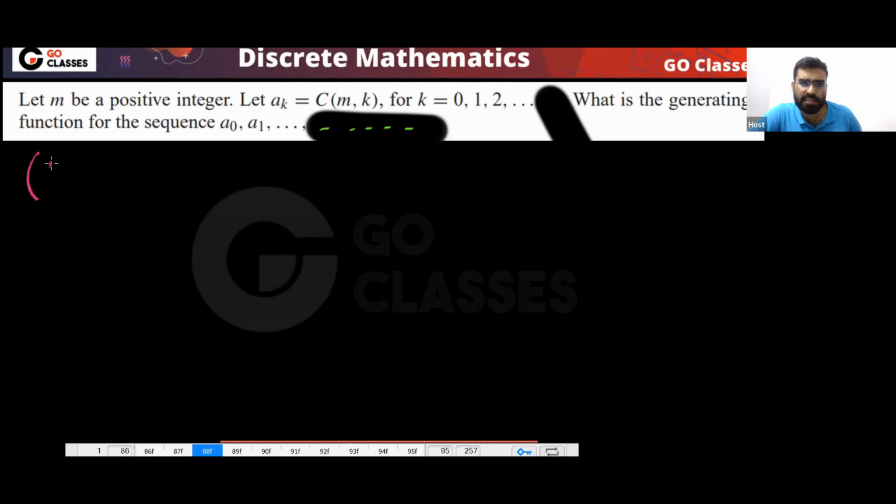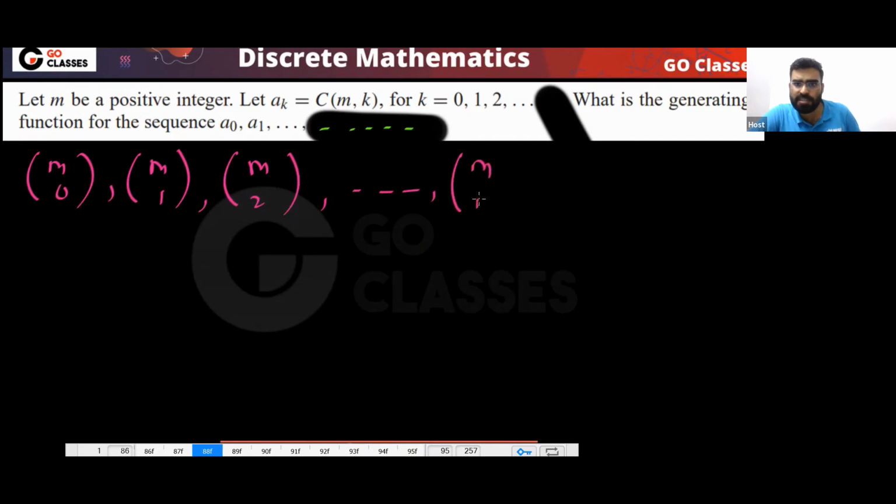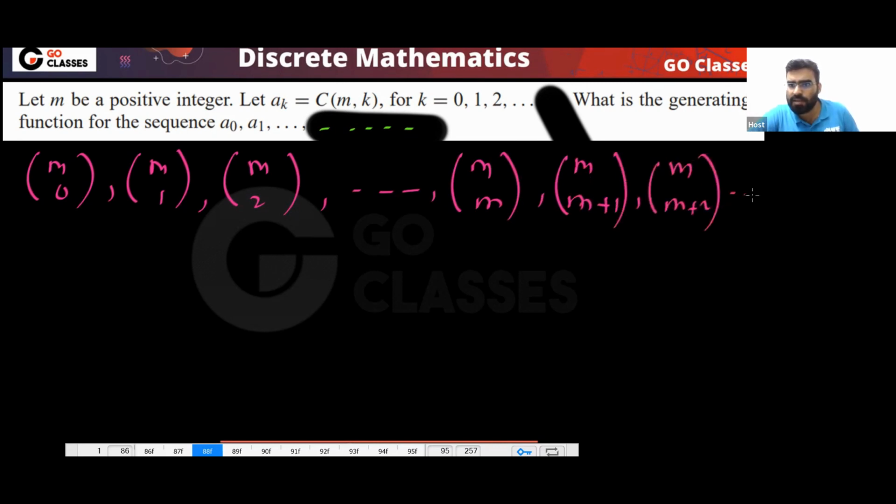Now the sequence is MC0, MC1, MC2, somewhere MCM will come, then MC(M+1) will come, then MC(M+2) will come, and so on. So this is an infinite sequence I am giving you. Will the answer change? The answer will not change. What is the reason?